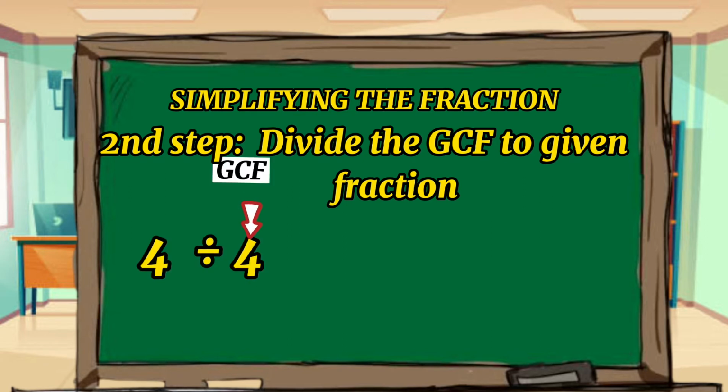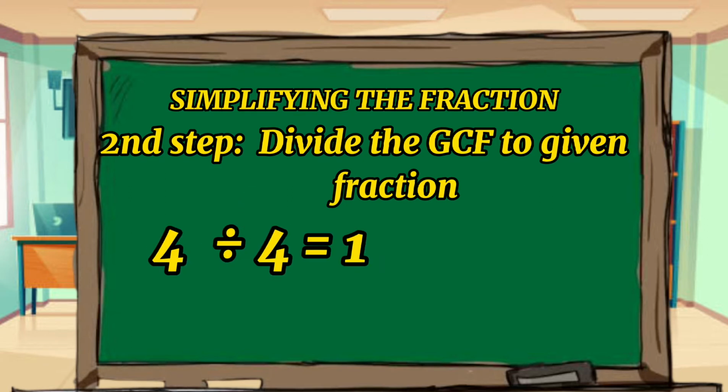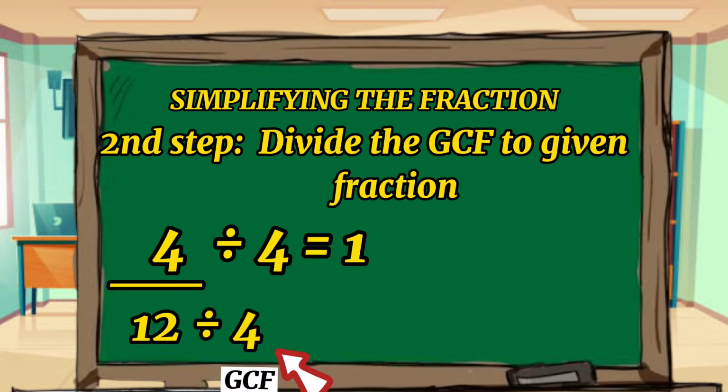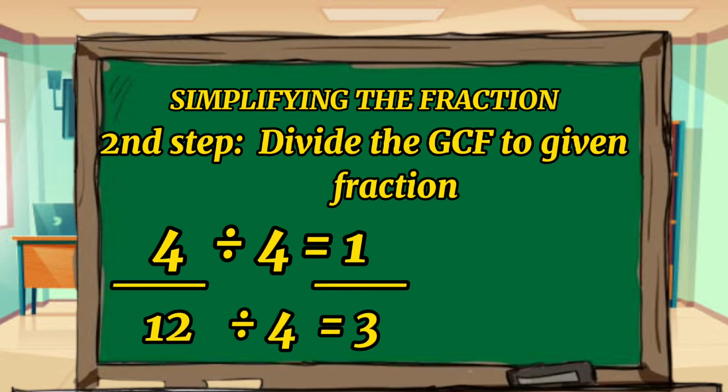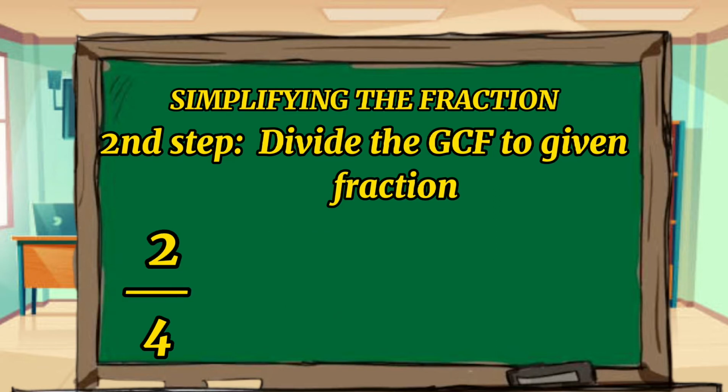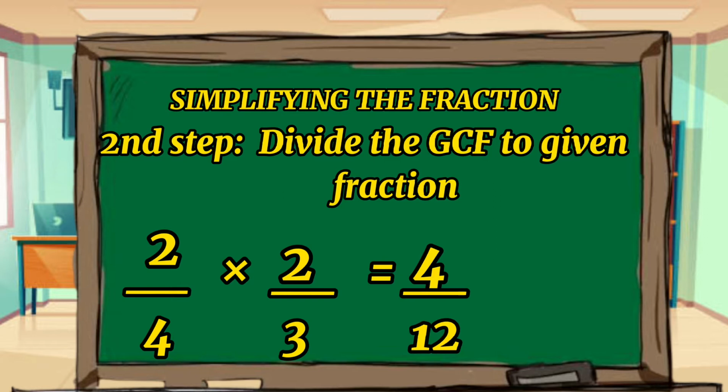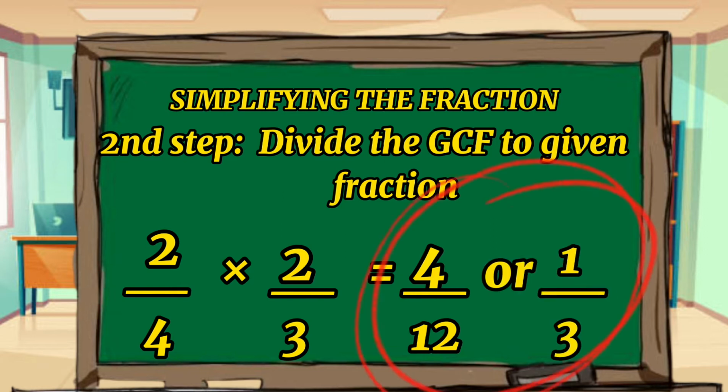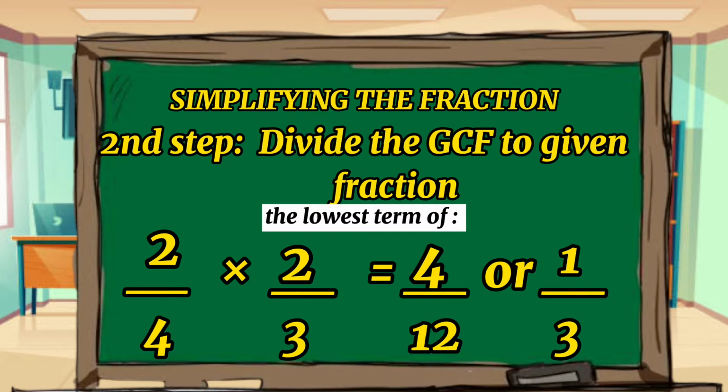So 4 divided by 4 equals 1. 12 divided by 4 equals 3. Therefore, 2/4 times 2/3 equals 4/12 or 1/3. The lowest term of 4/12 is 1/3.